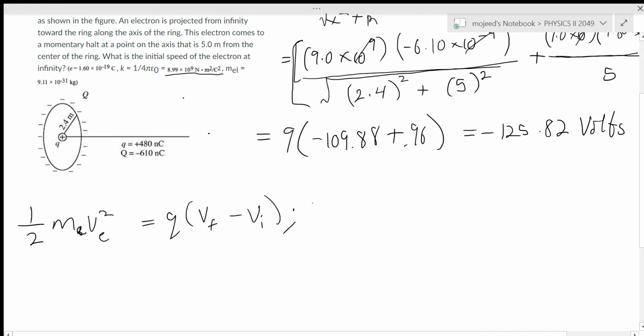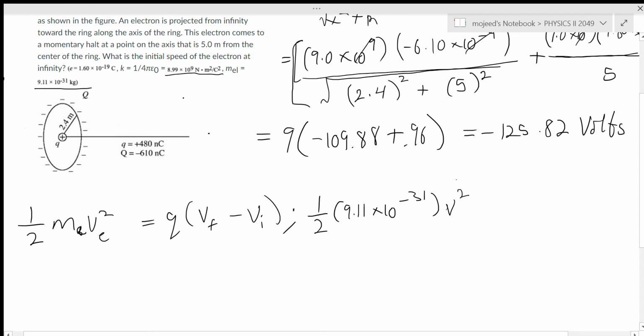Then we get one half times 9.11 times 10 to the negative 31, which is the mass of the electron, multiplied by v squared.